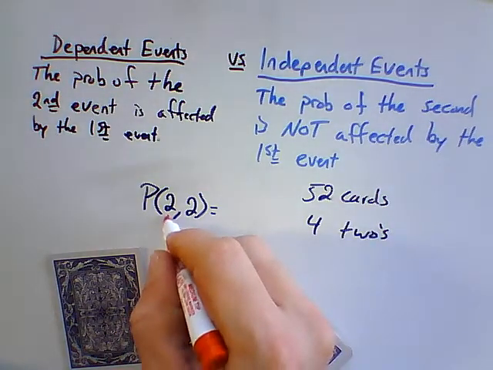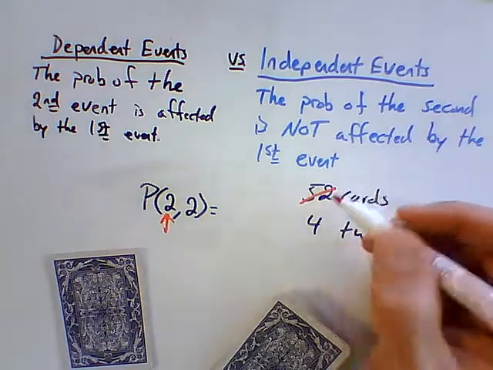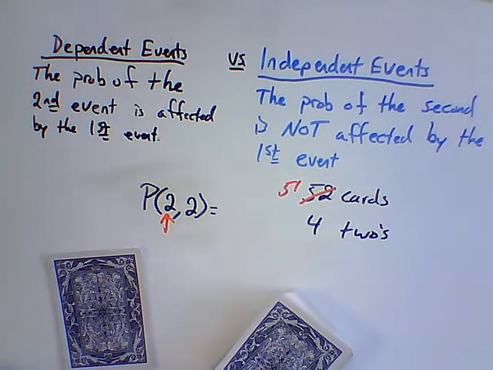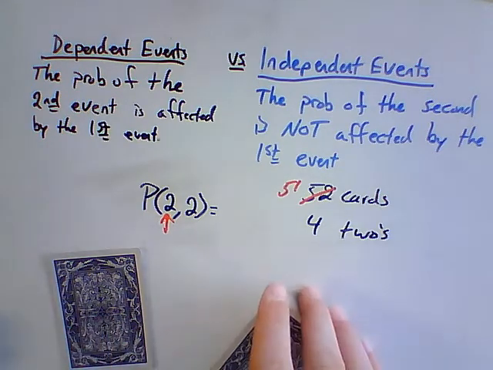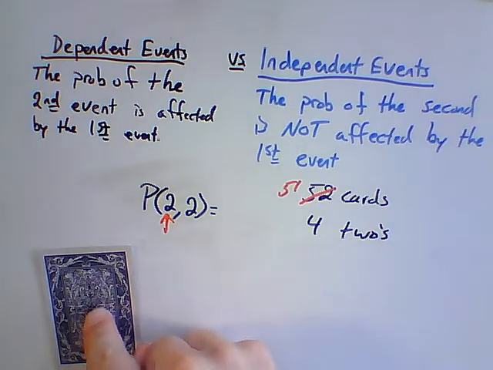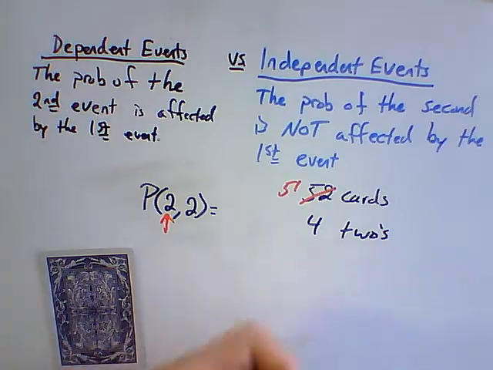This event, whether I was successful or not, has now changed my chances of getting a 2, because now I only have 51 cards. And even more than that, I don't know if that's a 2 or not, because if this is a 2, then I don't have 4 2s in the deck. I only have 3 of them.